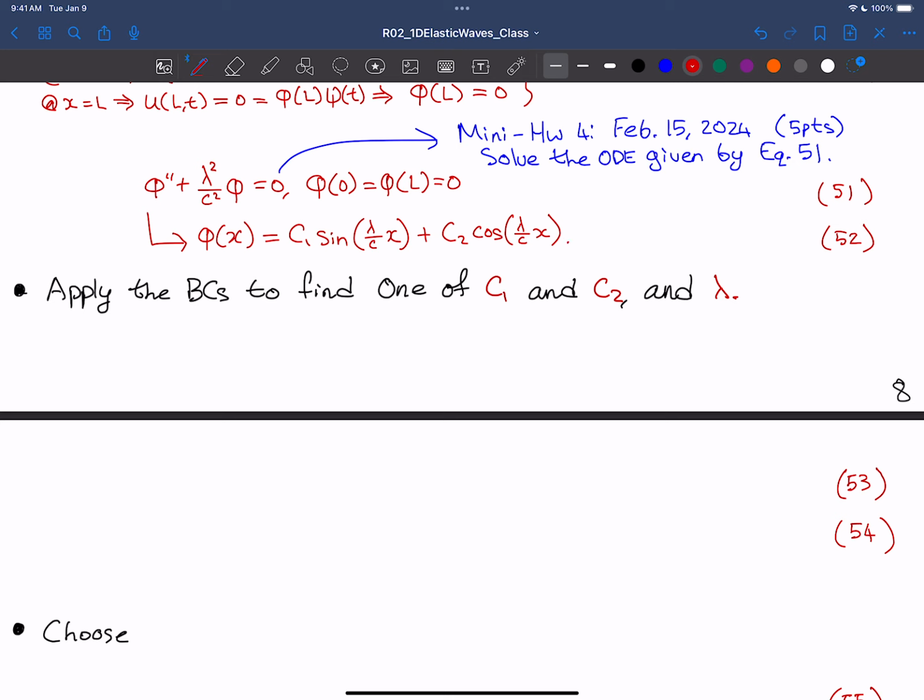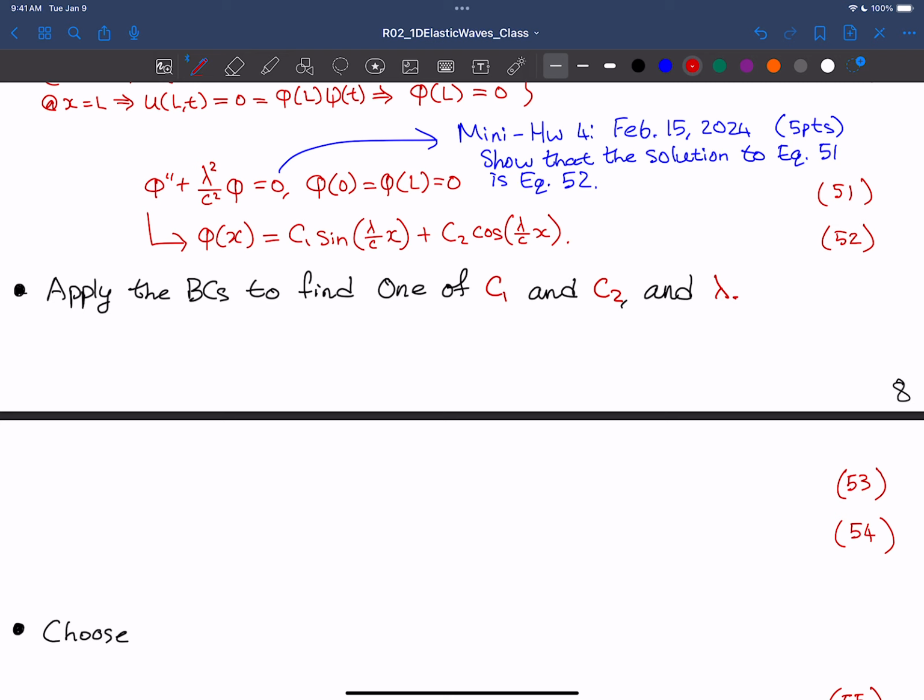So what I want you to do in the mini homework is to show the steps that takes you from equation 51 to equation 52. I want you to show that work. And again, this is something that you should try to solve and get used to solving because you're going to see it repeatedly throughout this class.